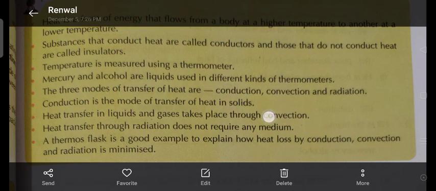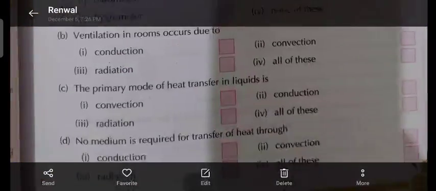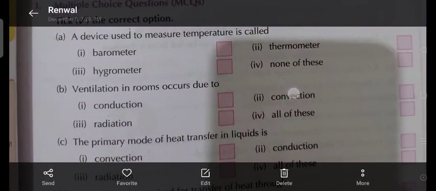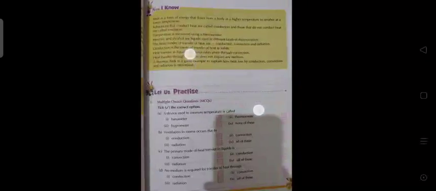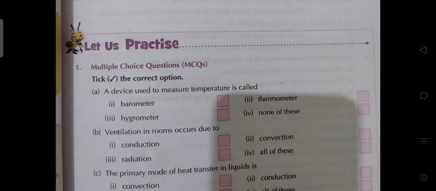So students, this was the chapter, and in this chapter we studied many things. After this there are some question answers, the MCQs, fill in the blanks, and match the columns, which you have to complete.